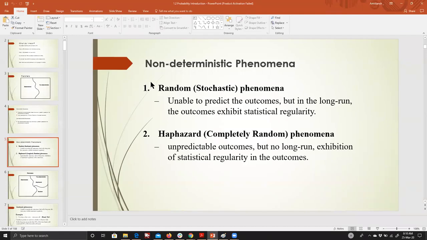Random or stochastic phenomena: you are unable to predict the outcomes, but in the long run, the outcomes exhibit statistical regularity. What it means is they adhere to certain functions, or some kind of distribution is ruling the way data is defined there.